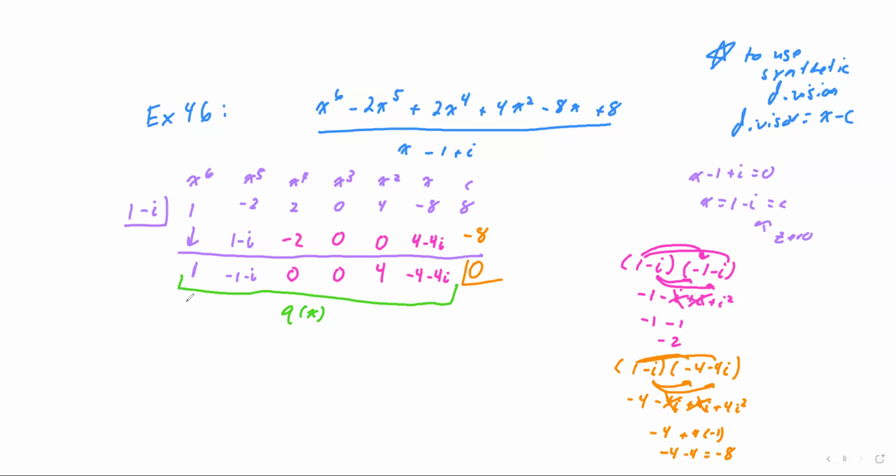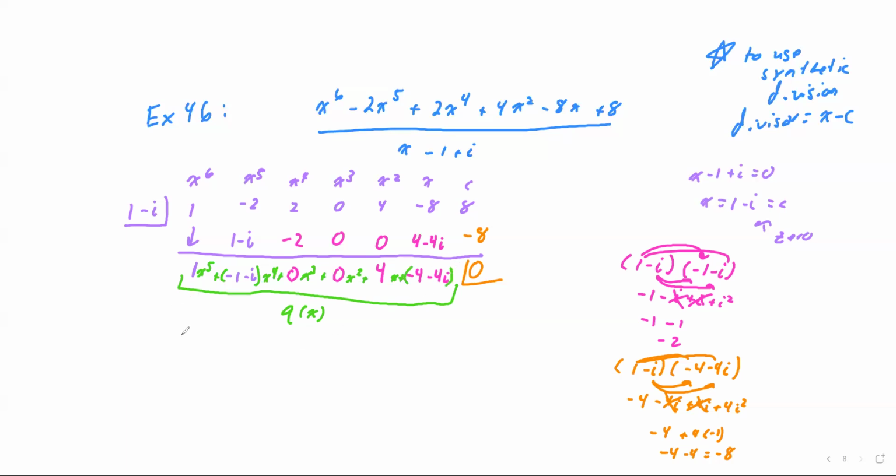So this right here would represent my x to the fifth. So that becomes 1x to the fifth. And then this becomes, I'm going to put a plus sign there, x to the fourth, x to the third, so plus x to the second, plus x, and then plus, this will be my constant.